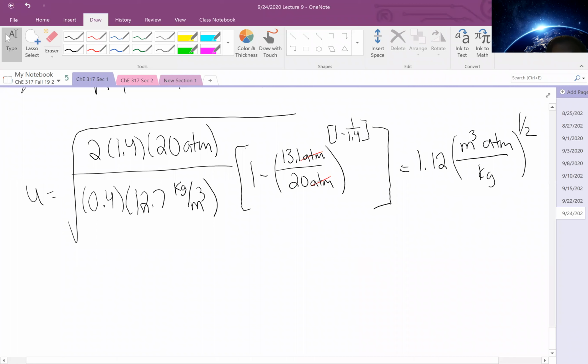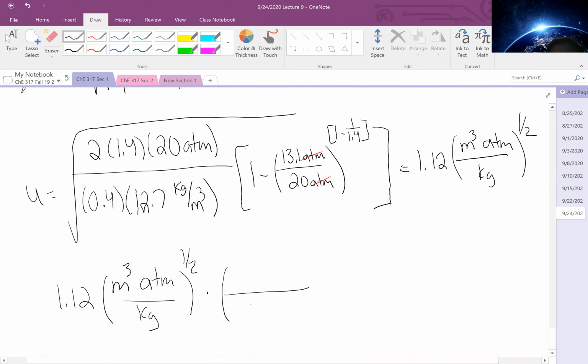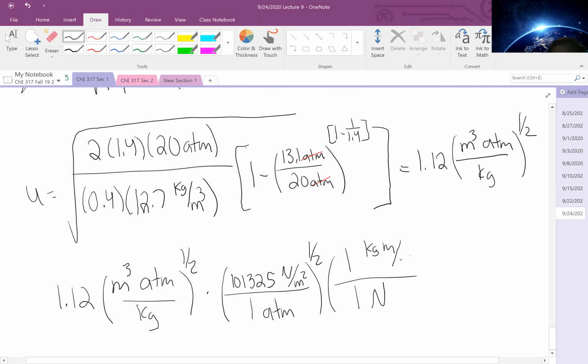Well, if we look at this, we can say that 1 atmosphere is approximately 101,325 pascals, which is a Newton per square meter. And a Newton is 1 kilogram meter per second squared.